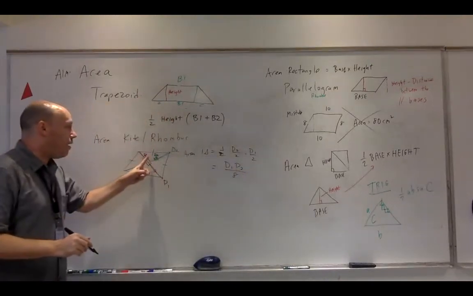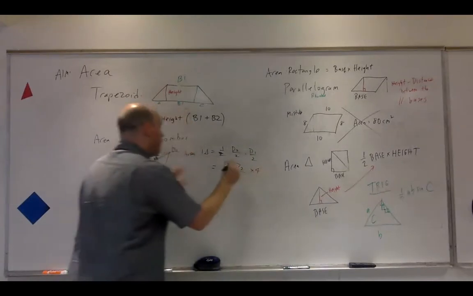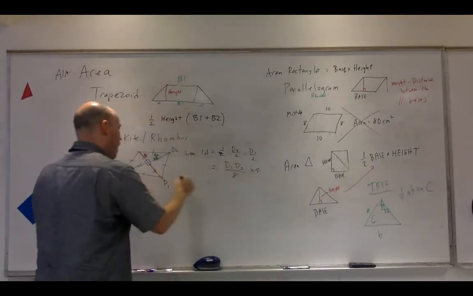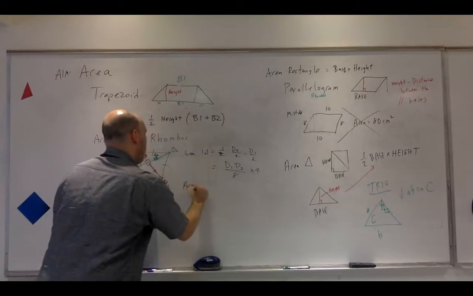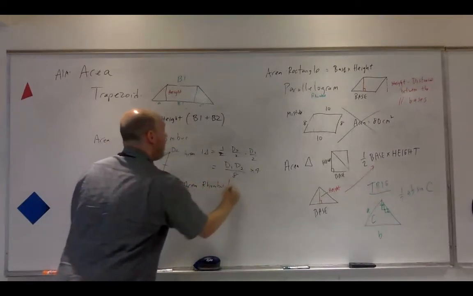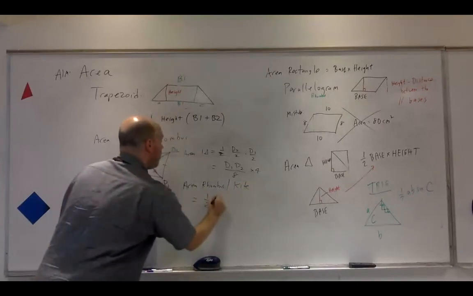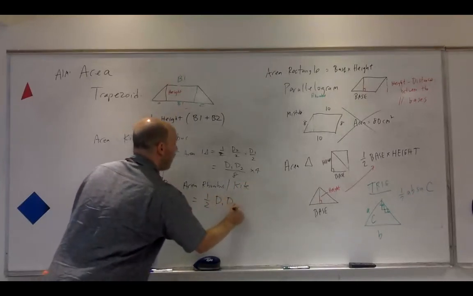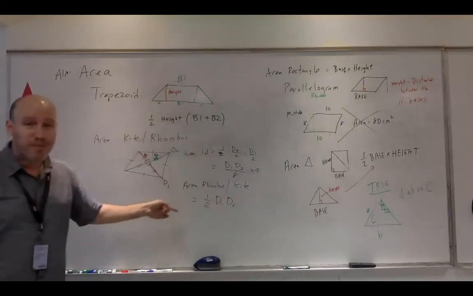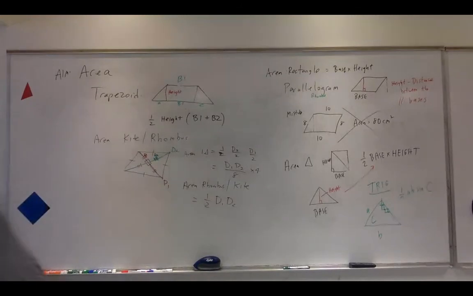But I don't have 1, it's 4 of these. So times 4 gives me the area of a rhombus and a kite, which is equal to 1/2 the product of the lengths of the diagonals. Awesome. Kind of cool, right? Nice.